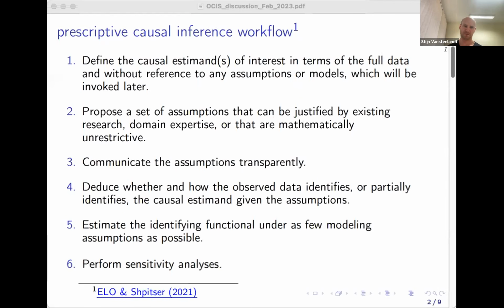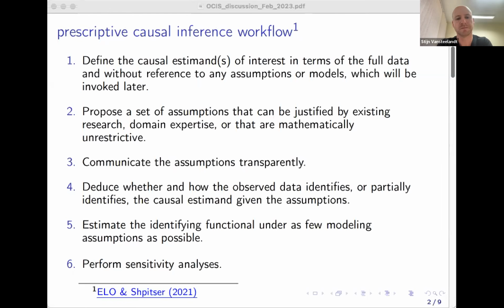The point of steps 2, 3, and 4 here, so proposing, justifying, and communicating identifying assumptions, is to again guard against reflexively fitting a parametric model and interpreting the parameter of interest as a causal effect. And prescriptive causal inference tends to be very skeptical of using parametric models as identifying assumptions because, and Stijn pointed this out, misspecified models can lead to really faulty, uninterpretable conclusions.